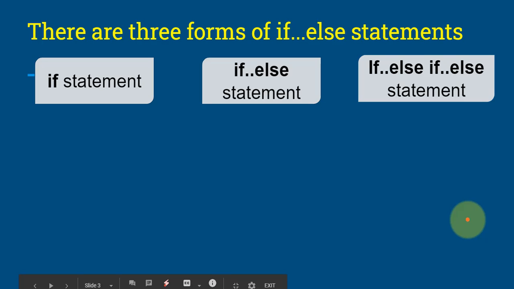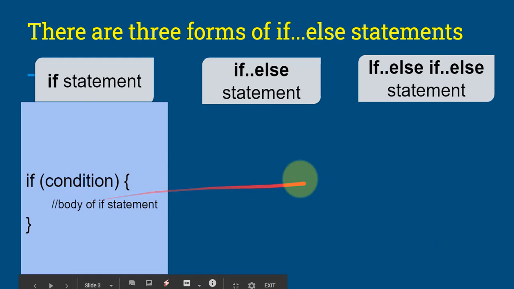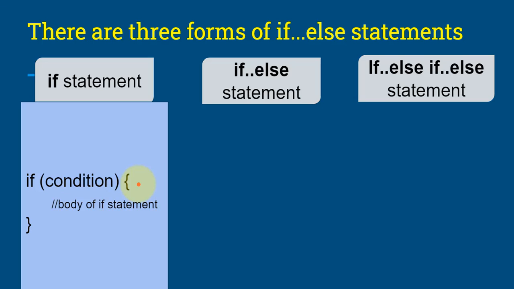The syntax for the if statement looks like this: if, then the condition, then followed by the open and close curly braces. Inside the body of the if statement is where you put the code, what you want to happen in your program.